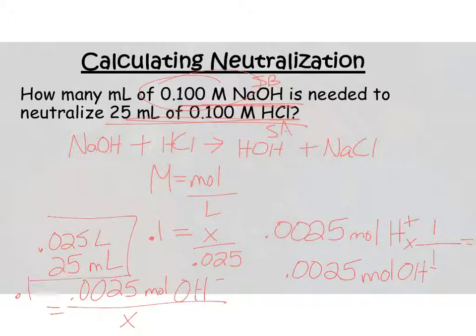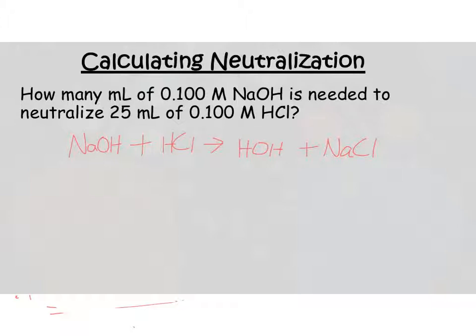So that's how much NaOH you need of this concentration in order for it to neutralize that much of that concentration HCl. All right, now I'm going to show you a completely different way that will get you the same answer. So let me just back this up for a second. Okay, so we backed it on up there. All right, I left the equation just for conversation purposes.